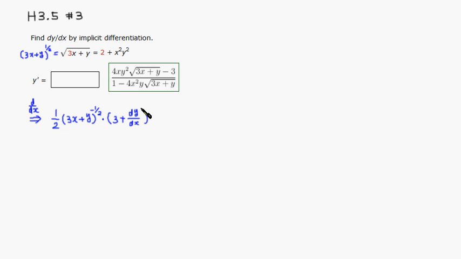Alright, then we just need to take the derivative of the right hand side. Derivative of 2 is 0, so I'm not going to write it down. But this one, second term, is a product of two things, so I'm going to have to use the product rule.